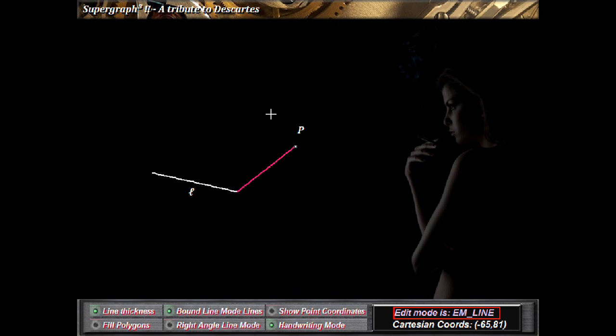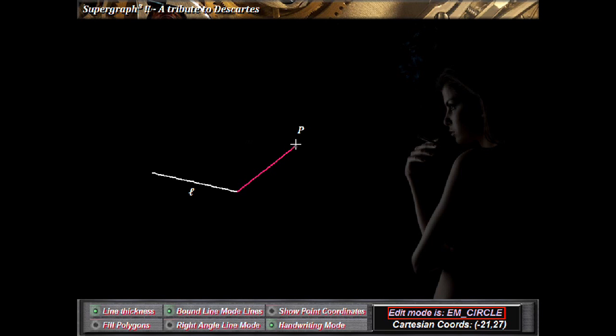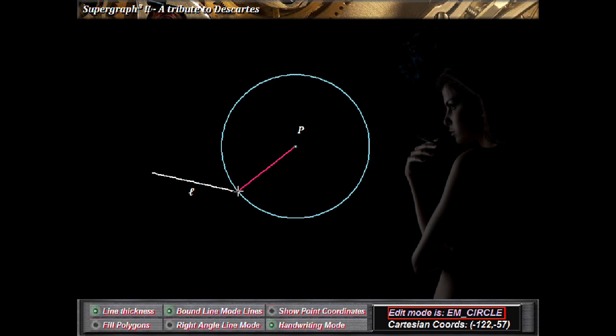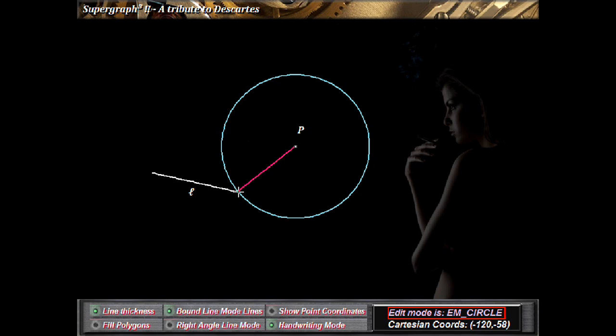So I get out my compass and choose a color, and first draw one circle with the radial point, radius here and there, and then the other way, in a different color for clarity, starting from this side.